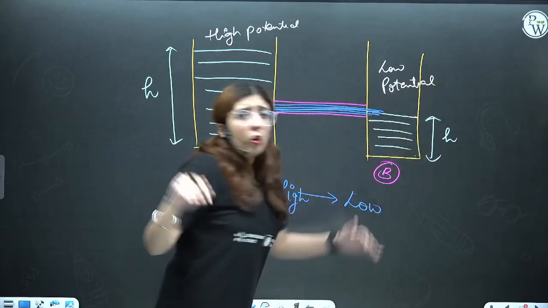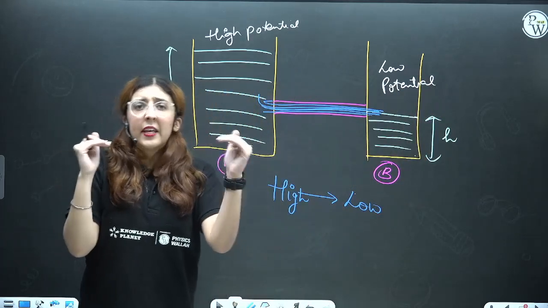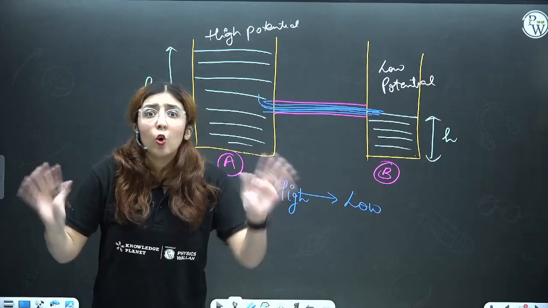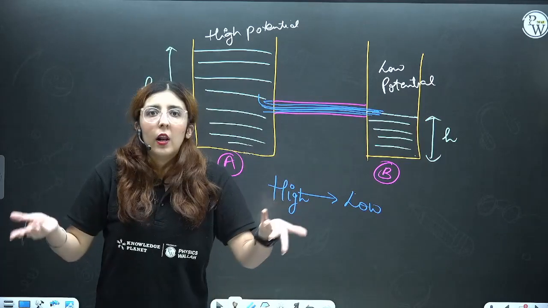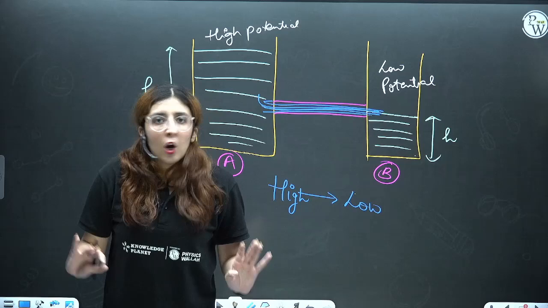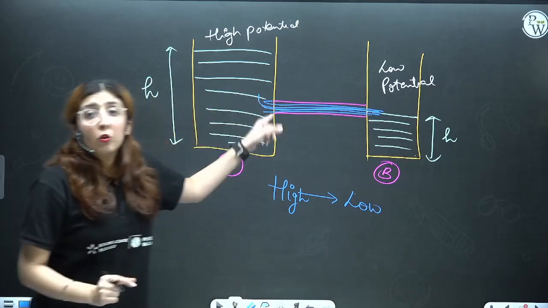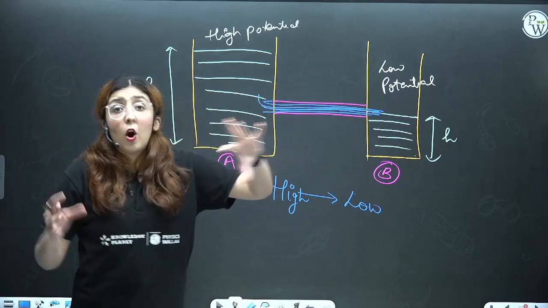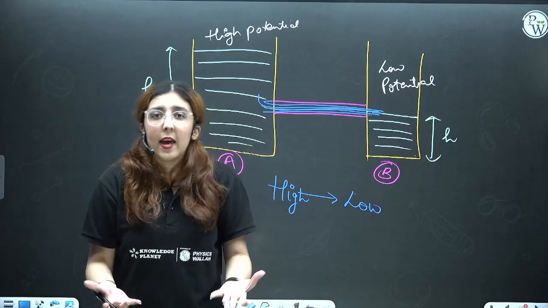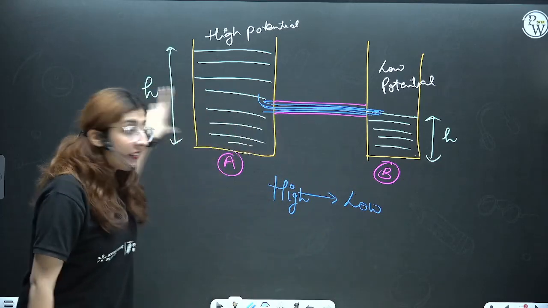If both the beakers have an equal amount of water, will there be any flow? No, there won't be any flow. Why? Equilibrium is already attained. So for any flow to take place, there should be a difference.